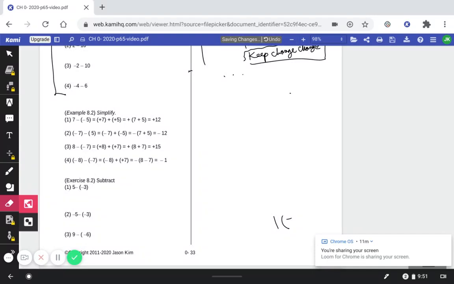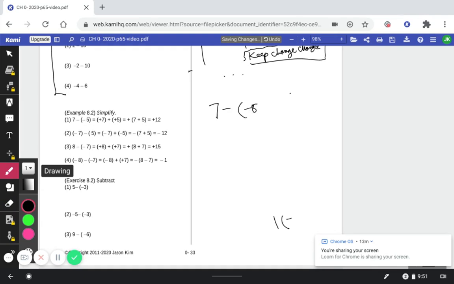So 7 minus negative 5, you keep change, then it becomes 7 plus, because you keep 7, but actually it's a positive 7, right? Because when there is no sign, it's always positive.